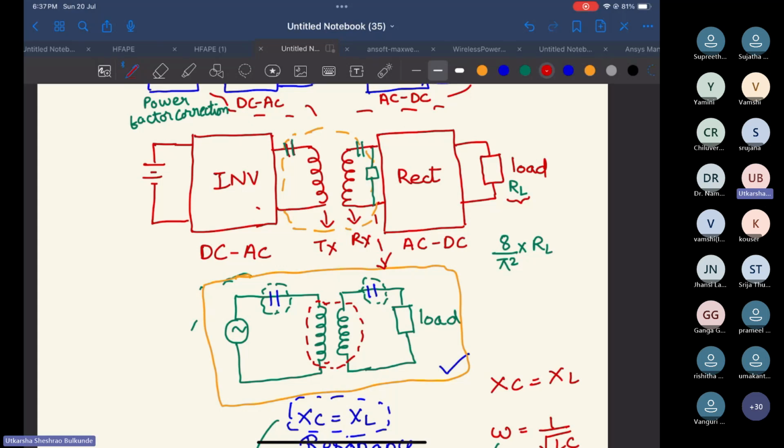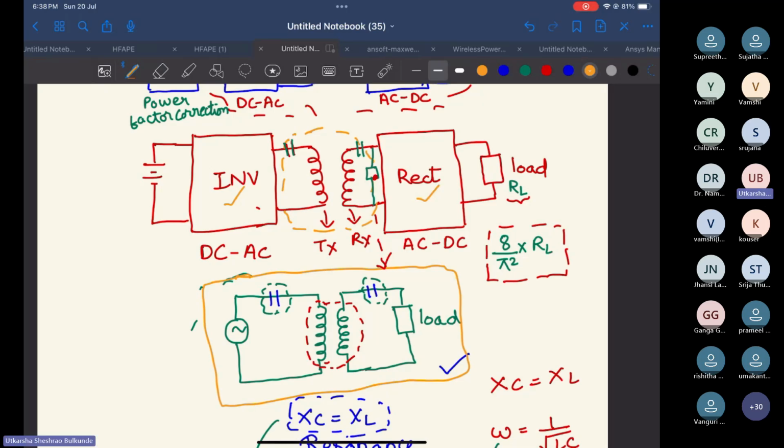If the value of it is RL, the value of this resistor will become 8 upon pi square into RL, because for deriving this equivalent circuit, we are not considering the converters, right?